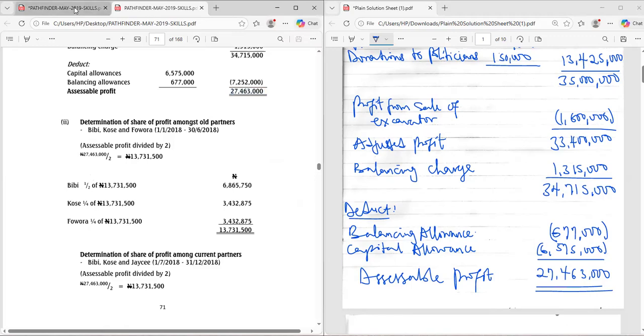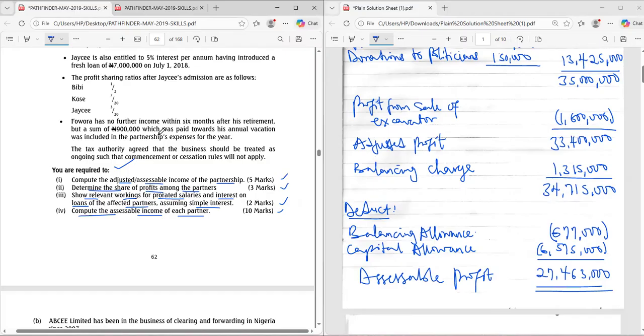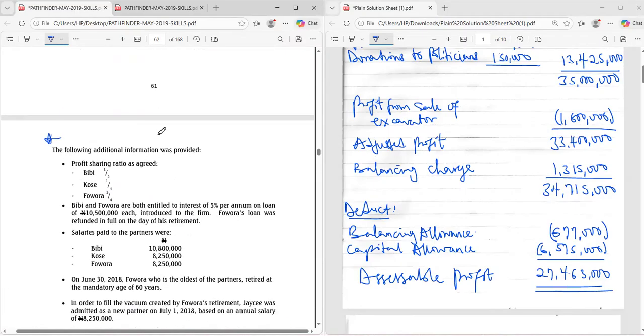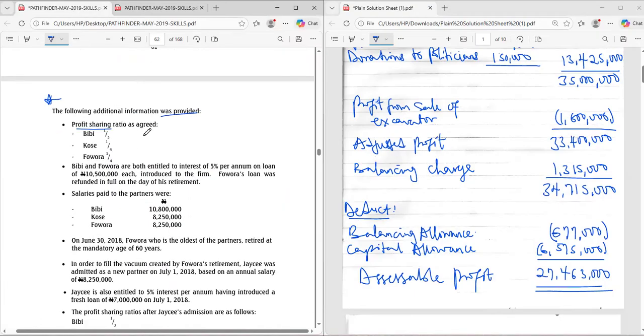But before we do that, let's read the additional information that we have and see if anything can guide us. The following additional information was provided. Number one, they said profit sharing ratio as agreed. So BB, Koshe, and Powora, their profit sharing ratio is 1/2, 1/4, and 1/4.